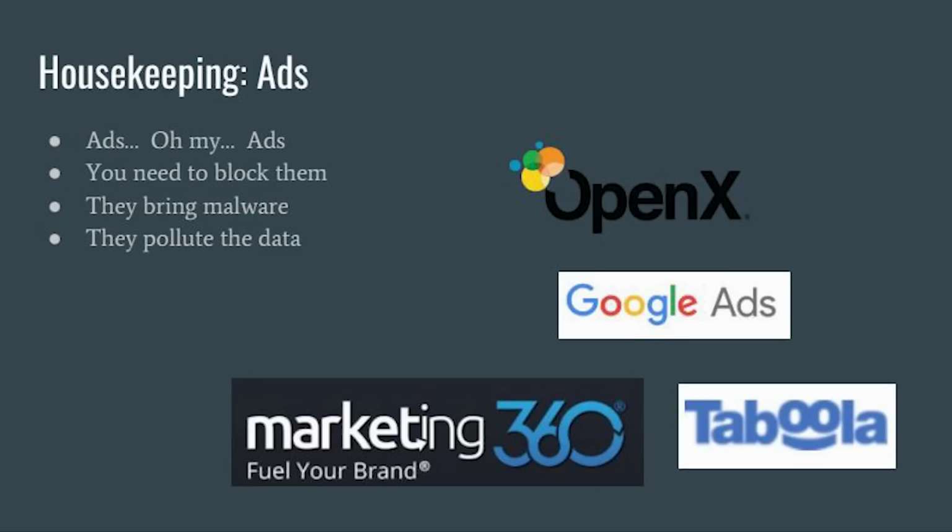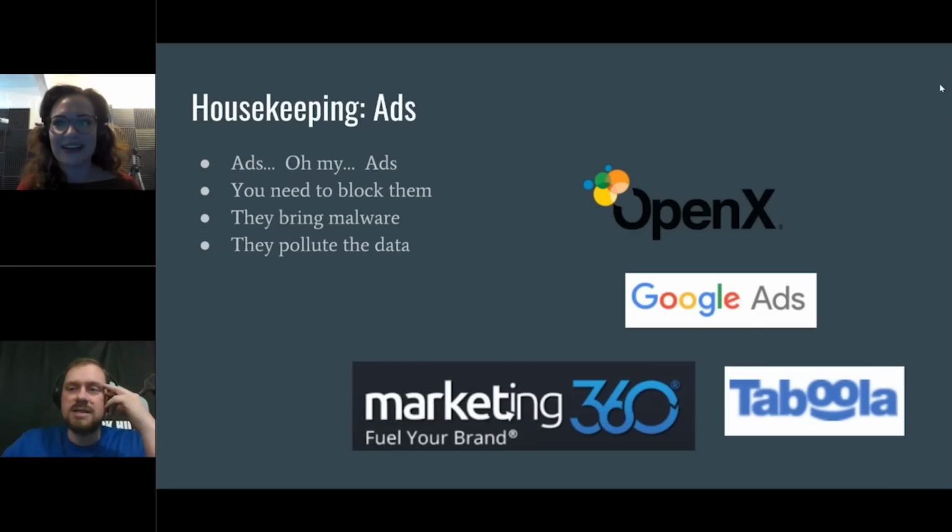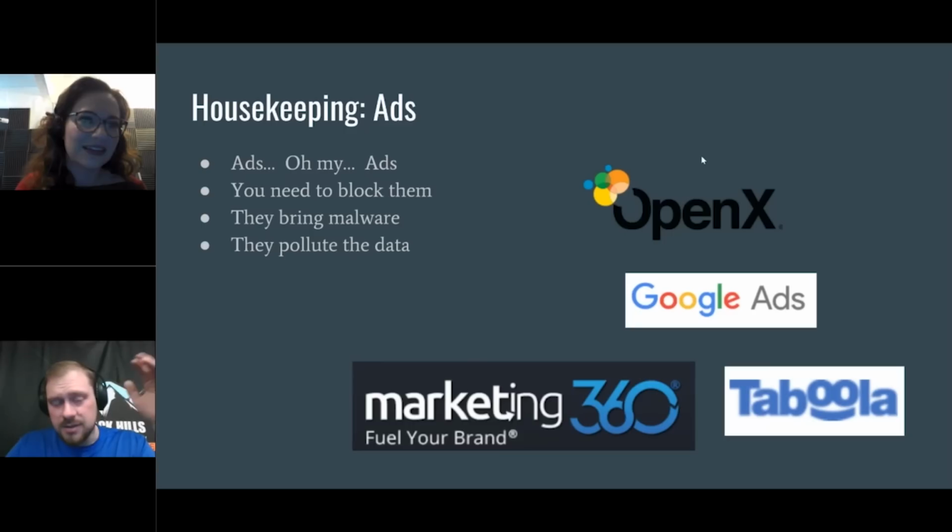All right, so let's talk about some housekeeping. You're getting ready to do hunt teaming. You got approval from management to get Bro and Rita in your environment. What's the first thing you should do? Block ads, please. Just block ads. A ton of the hunt teams that I've worked on, we spend a tremendous amount of time filtering through ads. And there's so many ads out there.